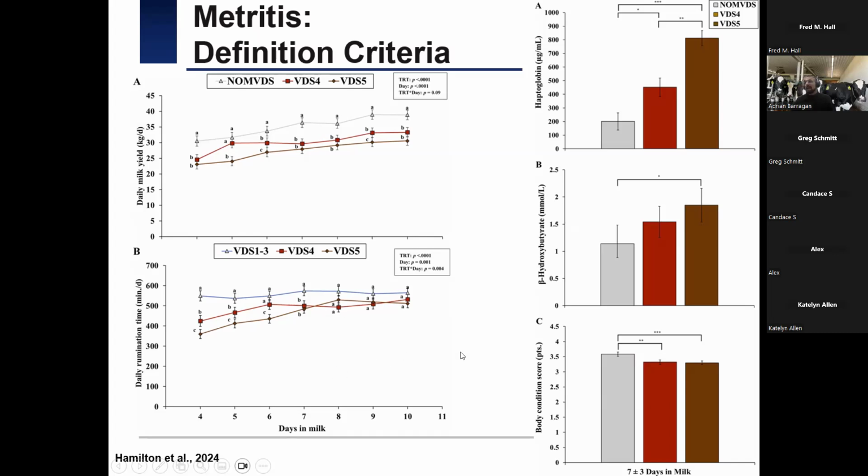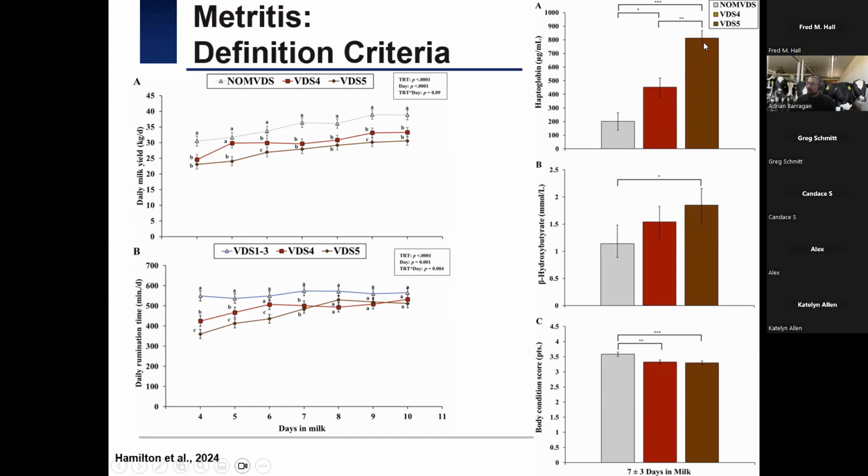Okay. Now, when it comes to metabolites, we assess haptoglobin for inflammation, beta hydroxybutyrate for metabolic stress, and we look at body condition score. And you can see here, this is the inflammation for normal cows, so fairly low. This is the inflammation for score 4, and this one, the brown, is the inflammation for score 5.